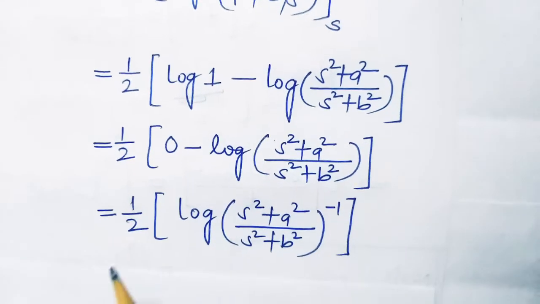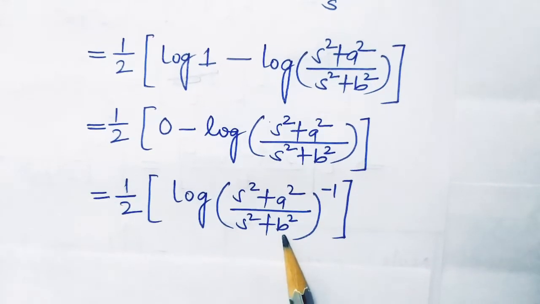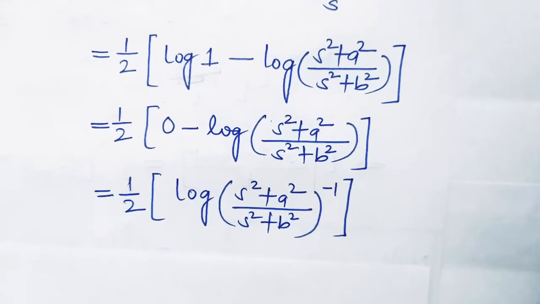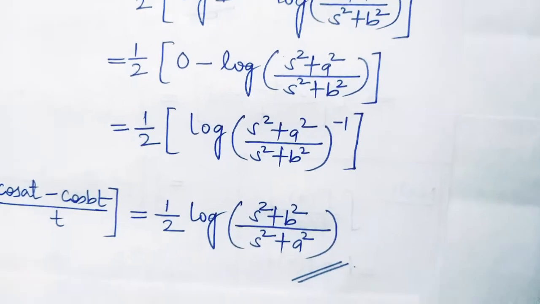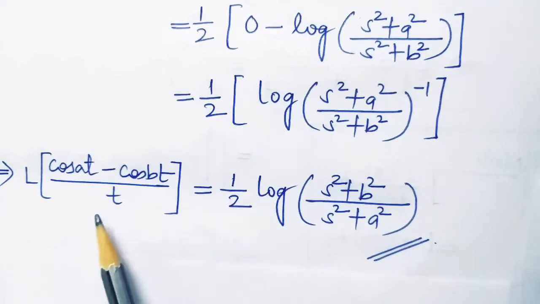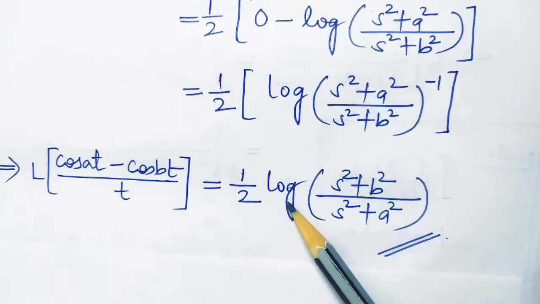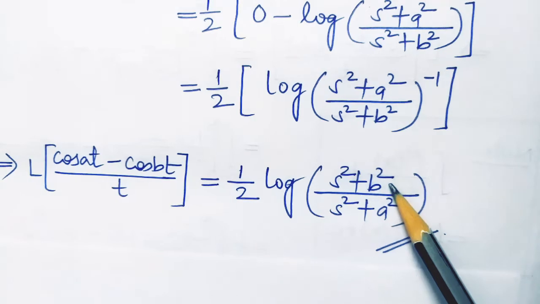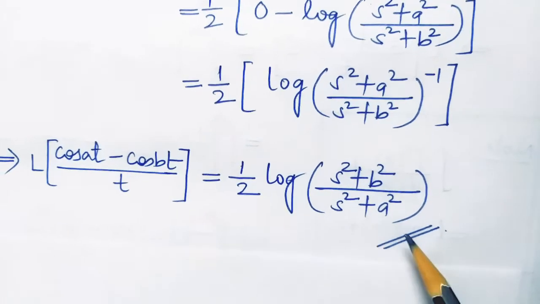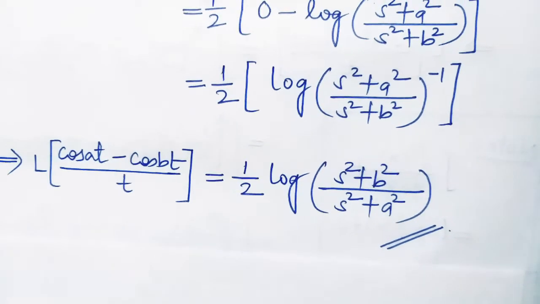So further we may write 1 by 2 log of ((a square plus a square) divided by (a square plus b square)) raised to minus 1. Or finally we may write the answer as Laplace of (cos at minus cos bt) divided by t is equal to 1 divided by 2 log of (a square plus b square) divided by (a square plus a square). So this is the Laplace transformation of the given function.